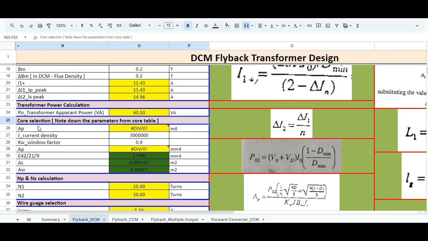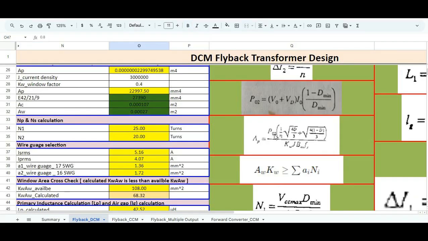Now I want to calculate the core area product. I'm using the area product approach to design the transformer. The required core area is going to be P naught, the apparent power, multiplied by 1 divided by efficiency, times the square root of 4 duty cycle divided by 3, plus the square root of 4 multiplied by 1 minus duty divided by 3, and the whole divided by kW, J, B, and Fs.